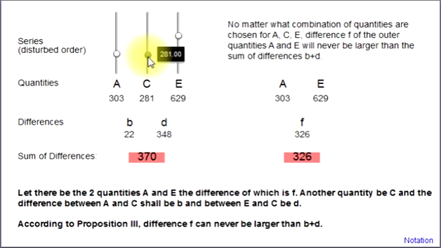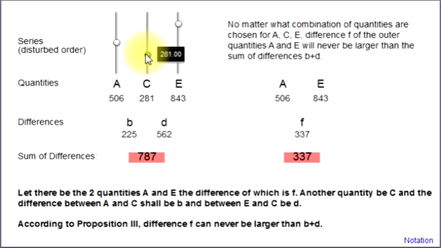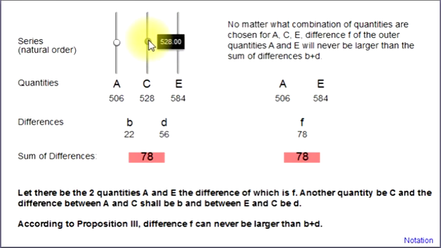So you could put in any combination here. That should be meanwhile an established rule, that this value will never be larger than this value.